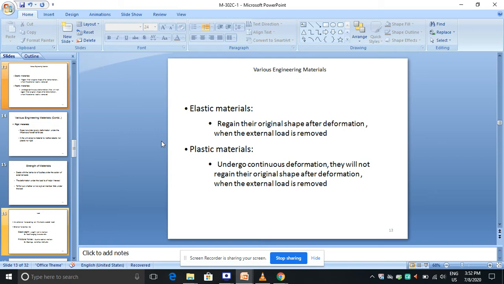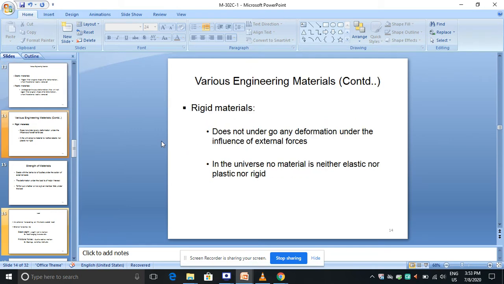Second one is plastic materials. They undergo continuous deformation; they will not regain their original shape after deformation when the external load is removed. Rigid materials do not undergo any deformation under the influence of external forces. In the universe, no material is purely elastic, nor plastic, nor rigid.